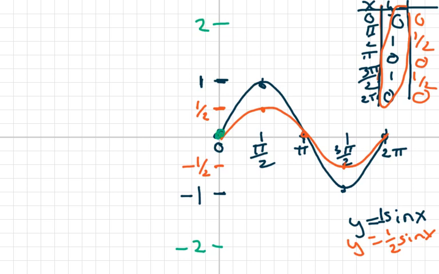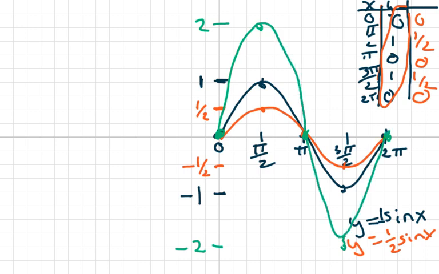I'm going to do dots. I'm just sketching this, and I knew I'd run into this down here. And then I'm amplituding it. I still go through my same zeros, but my amplitude, this was a vertical stretch. You're stretching it like a rubber band. And that is what amplitude is.